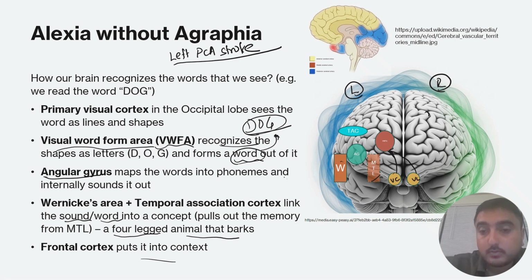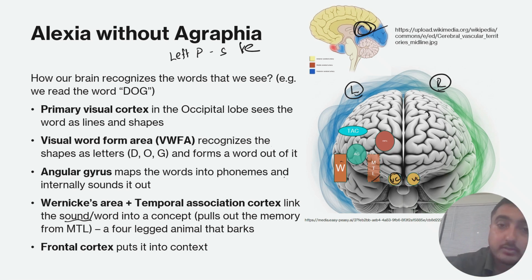So the information from the visual cortex on the left side would go directly to its area on the left, but from the right side it has to cross through the splenium of the corpus callosum. So this part over here in the topmost figure, if you can see. So if splenium is involved, then this crossing cannot happen. So we have a stroke in the left PCA territory, or in this area over here.